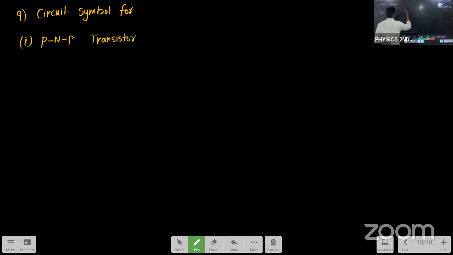Next one is the circuit symbol for the first one, PNP transistor, and the second one is NPN transistor.